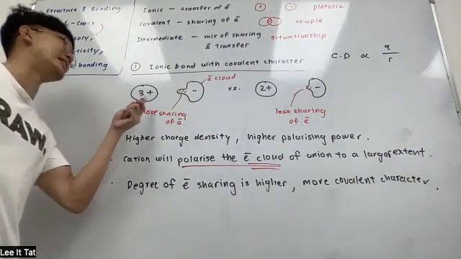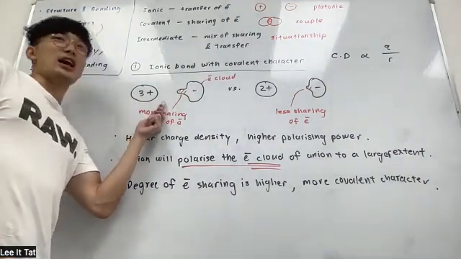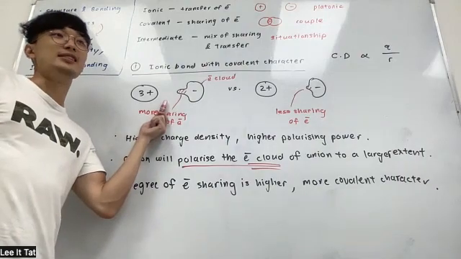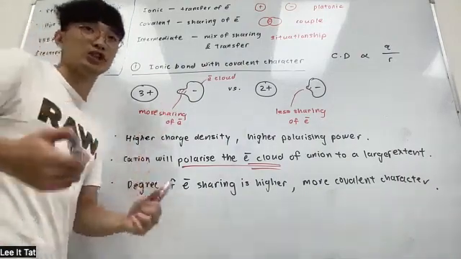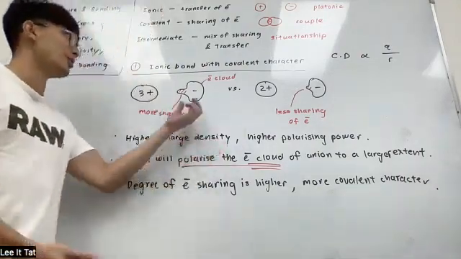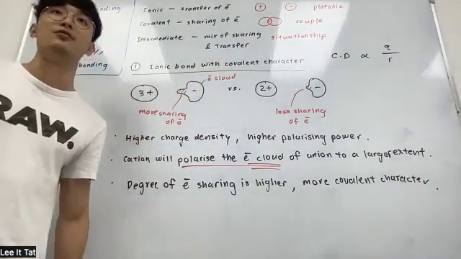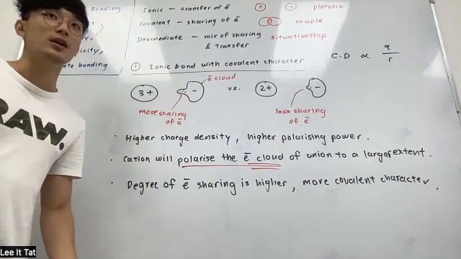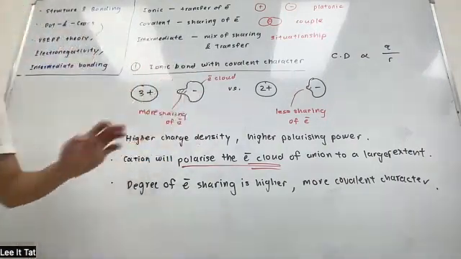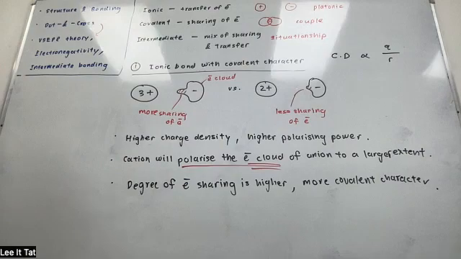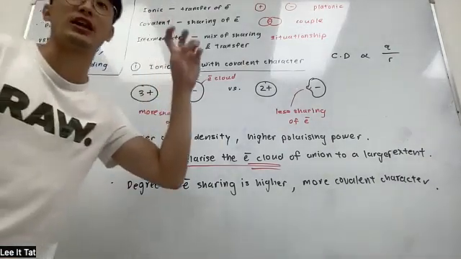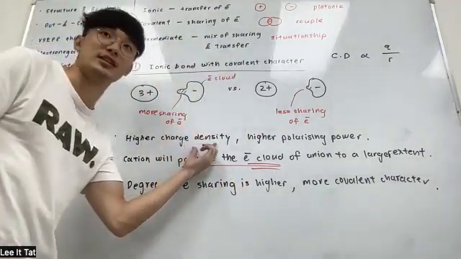Because in situations like these, if the cation is super attractive, there is a high chance of sharing of electrons as well. How? Because it just pulls the electron cloud towards it. You pull closer, there's a bit of sharing involved. So the first factor that we have just discussed, guys, is the cation's attractiveness, the cation's charge density. You can see that.